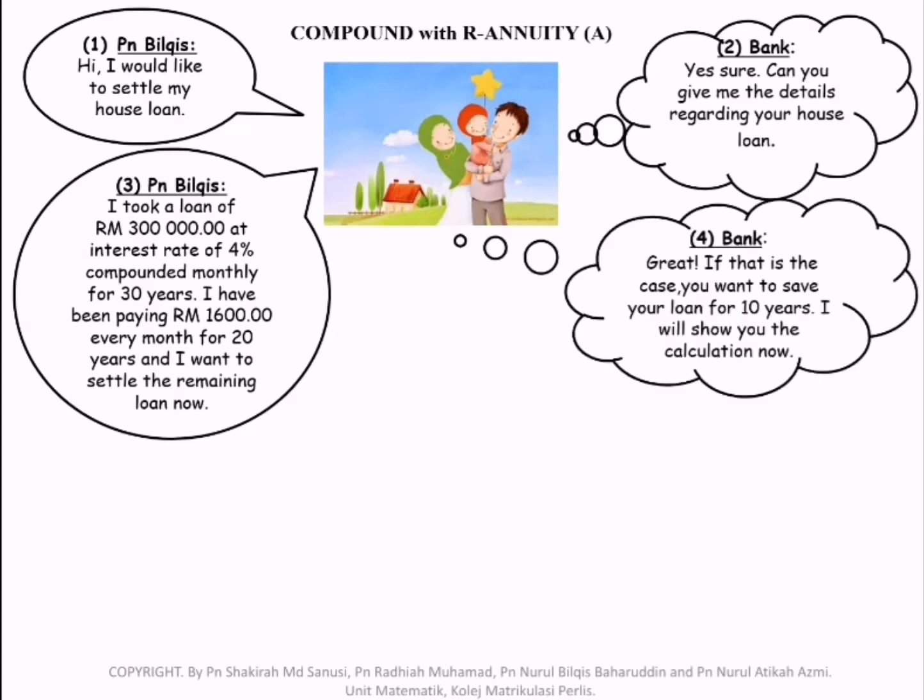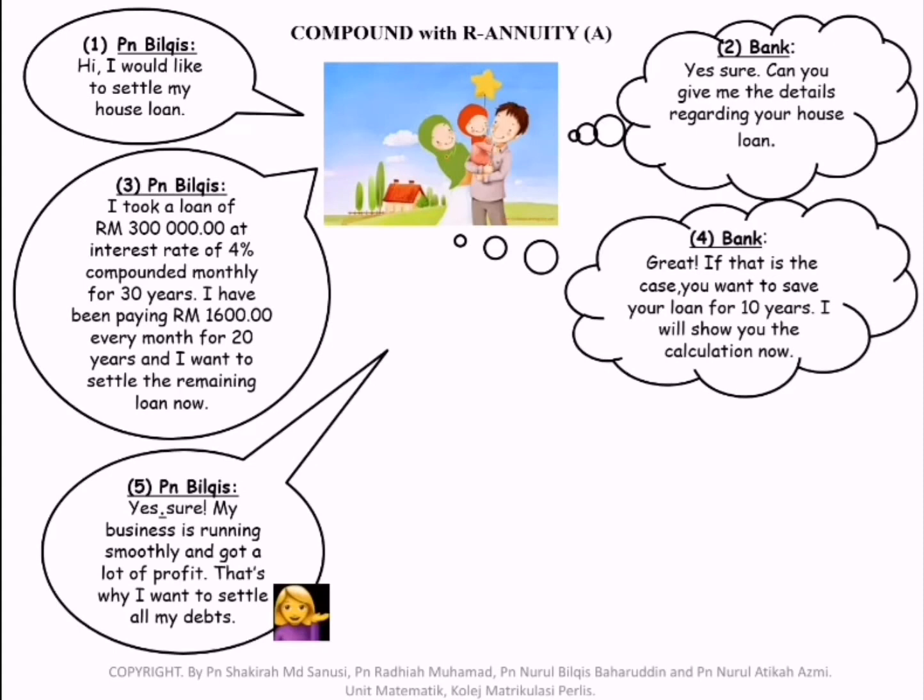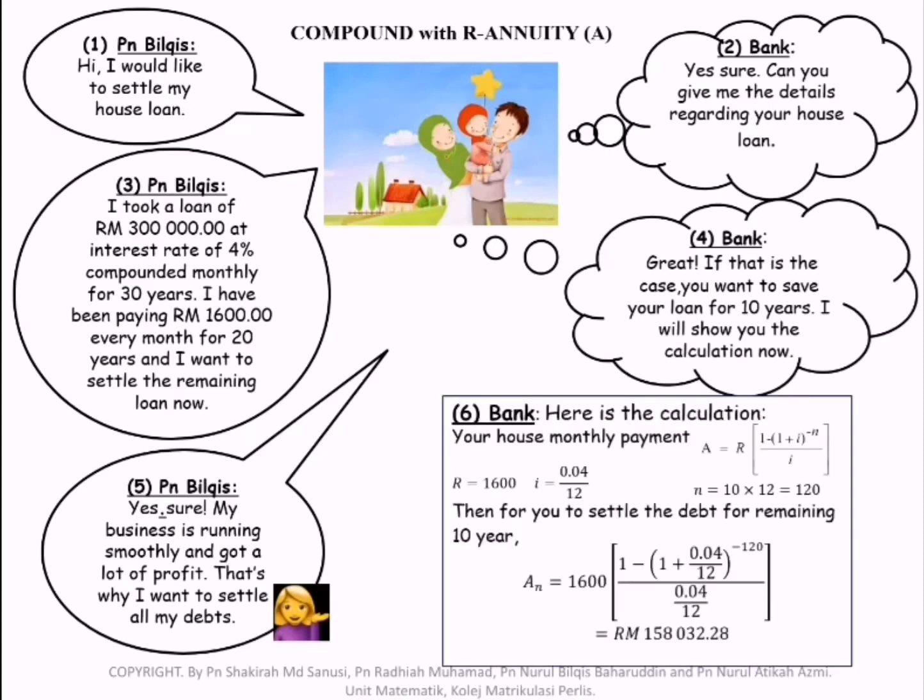Great. If that is the case, you want to settle your loan for the remaining 10 years. I will show you the calculation now. Yes, sure. My business is running smoothly and got a lot of profit. That's why I want to settle all my debts. Oh, here is the calculation. We will be using the formula A. Your monthly house payment will be R equal to RM 1,600.